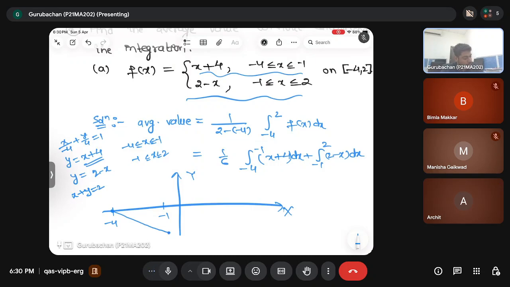If you observe from here, sir, at minus 1 it will be 3, sir, for the first line y equal to x plus 4. At x equal to minus 1, the y value will be 3.